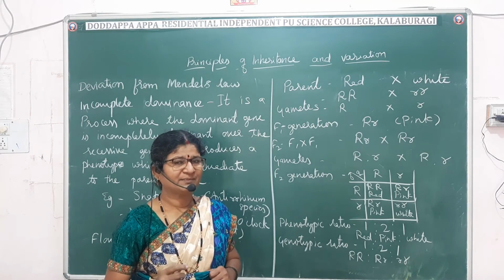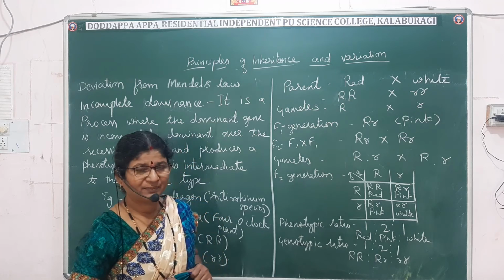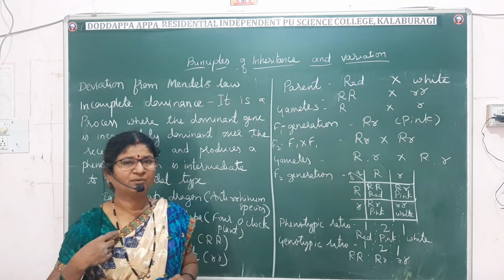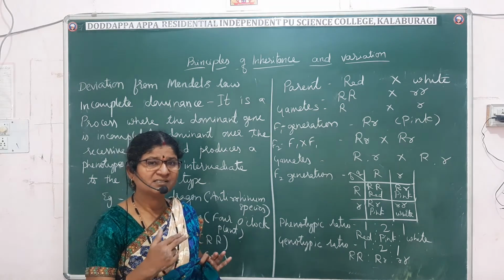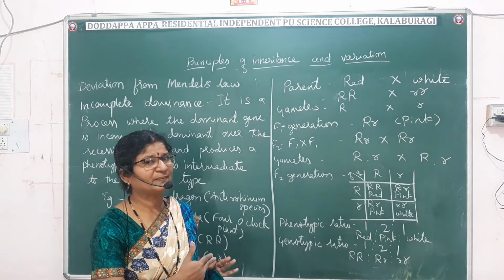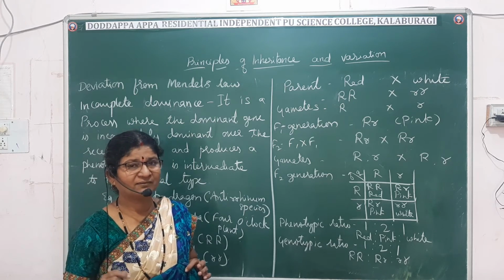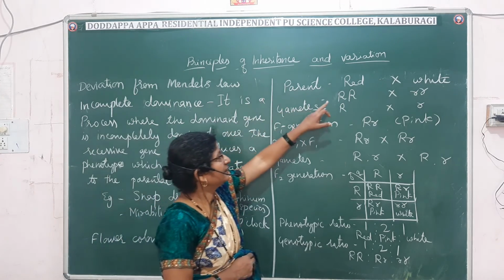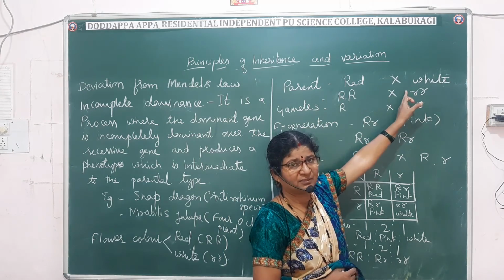Now we were discussing incomplete dominance, and I told you incomplete dominance is a deviation from Mendel's Law where Correns did not get the ratios as Mendel got. So what example did he take? Snapdragon flowers. Here the red flowered plants were crossed with the white flowered plants.